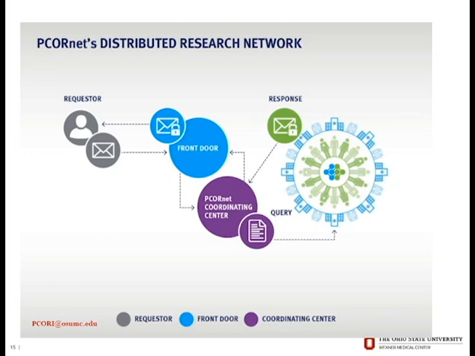If we decide to respond, we run the query against our database, and then we upload only the results back to the coordinating center, which will send it back to the requester. Until now, this is a free process, but in the future, it might change. This also takes some time, for submitting the request and for the coordinating center to approve or reject it. All those things take some time.